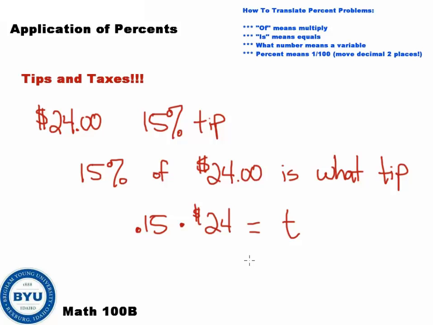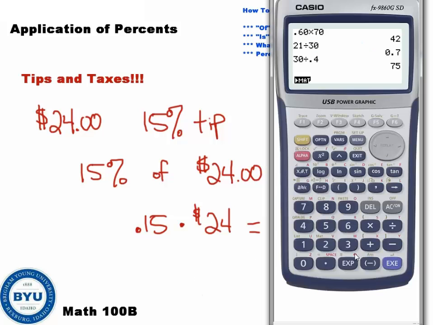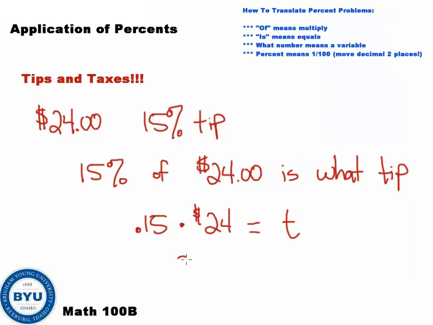Well, that's just the variable. And so all we would have to do to calculate the tip would be to do 0.15 times $24, and we find out that the tip we should leave is about $3.60. So that's one way to apply percentages, is doing tips.